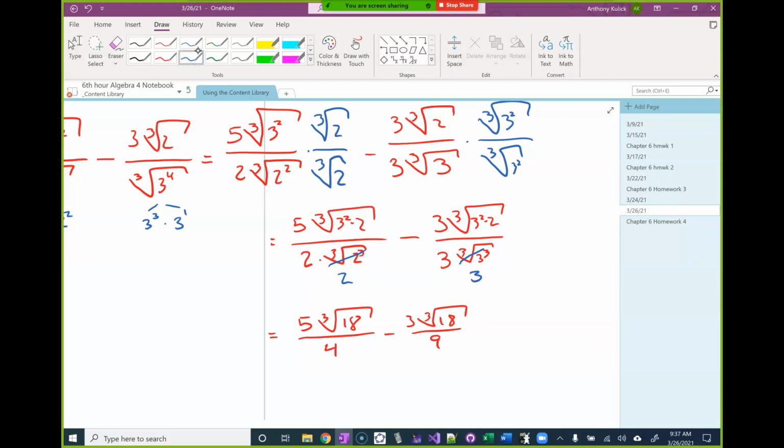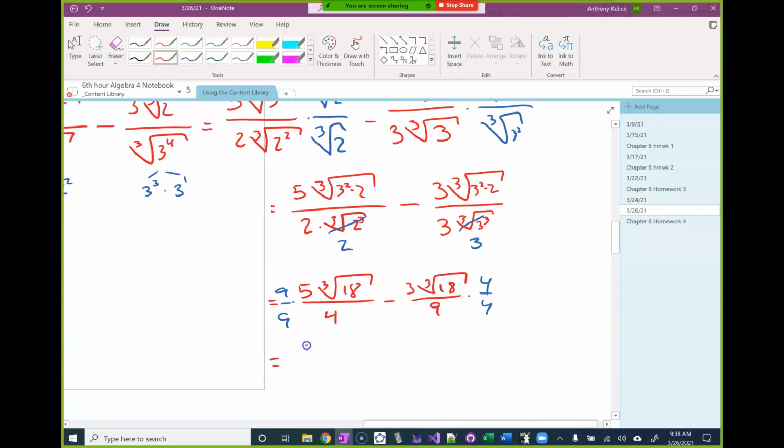I have cube root 18 in each one of these, so I can subtract them. But to subtract them, I need a common denominator. The common denominator between 4 and 9 is going to be 36. I'll multiply the first fraction by 9 over 9 and the second fraction by 4 over 4. So that's going to give me 5 cube root 18 minus 12 cube root 18 all over 36.